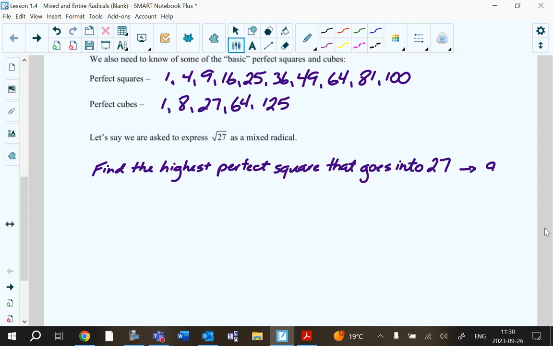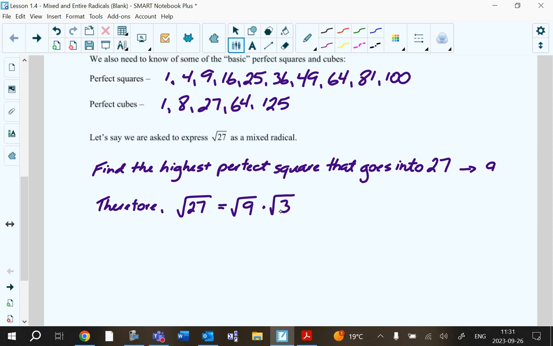Therefore, I can break up the square root of 27 into the square root of 9 times the square root of what number? 3.